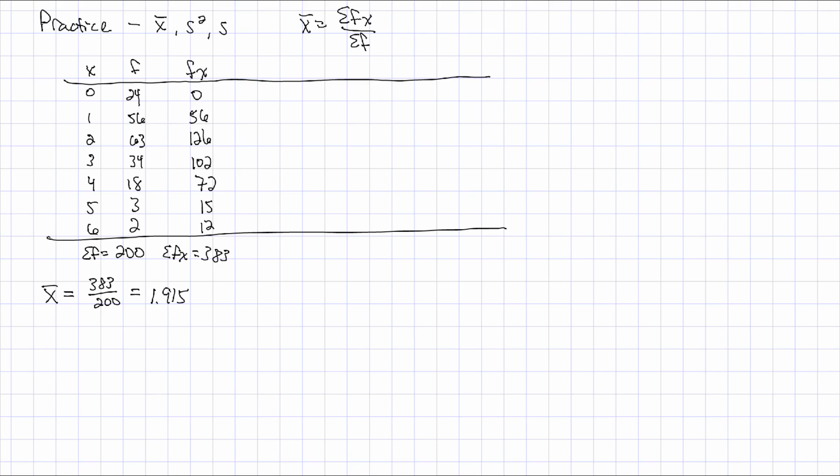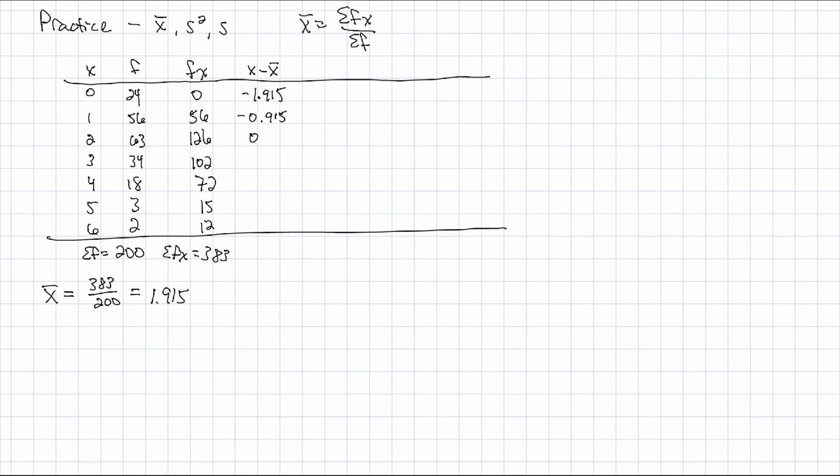Variance that I showed you is kind of a long way, but we will do it here. So the first thing we have to do is calculate that x minus x bar, squared. So x minus x bar, so 0 minus 1.915 is negative 1.915, then 0.915, that was a negative.